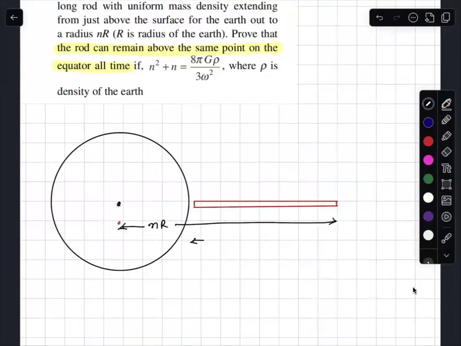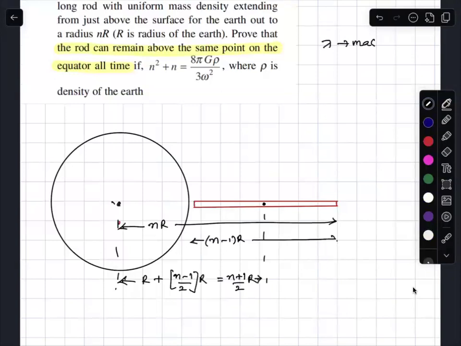The actual length of the rod is (n minus 1) R. So the center of the rod is somewhere here, and from the center of the Earth it is at a distance of R plus (n minus 1) by 2 times R, and that will become (n plus 1) by 2 R. Right, hold on. So I have identified the center. I am introducing a term called lambda, the mass per unit length of the rod.